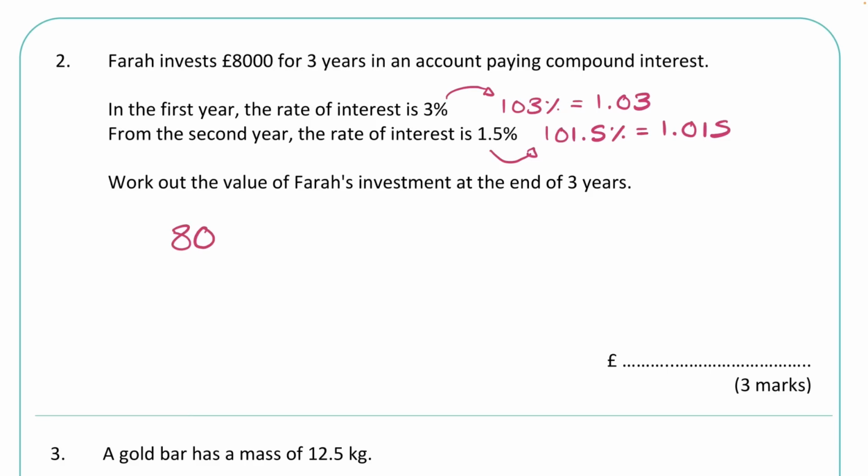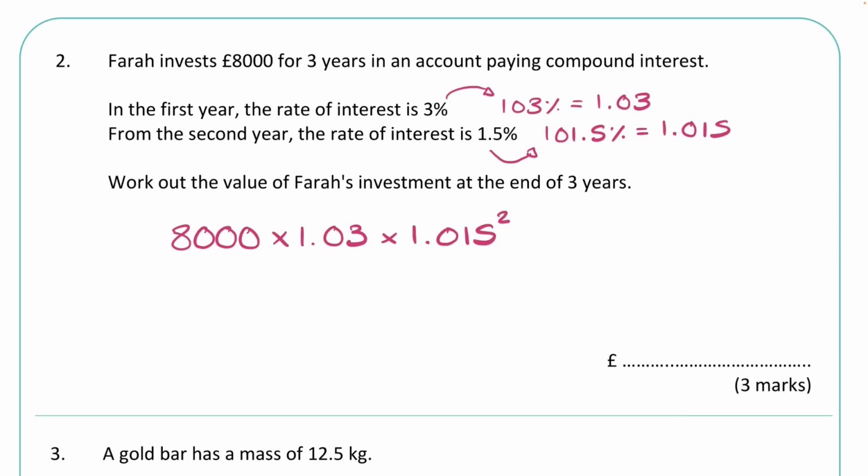Now we just multiply by our multiplier. So 8,000 times 1.03 will do the first year, and then multiplied by 1.015 will do the second year. We do get that 1.5% for an additional year, so rather than typing in times 1.015 again, we can put a power of 2 with that second one.